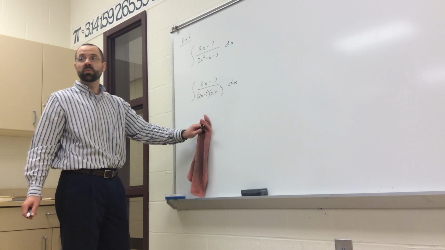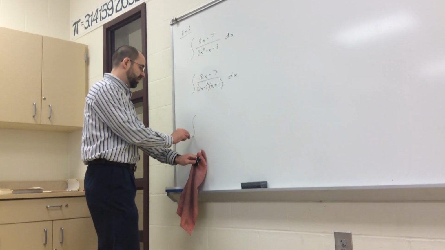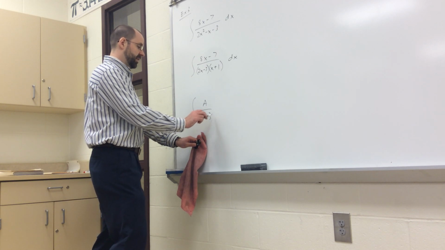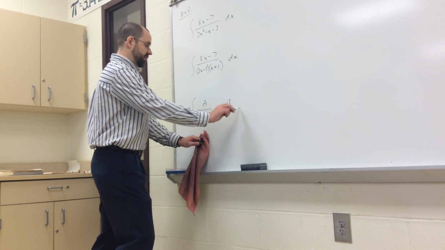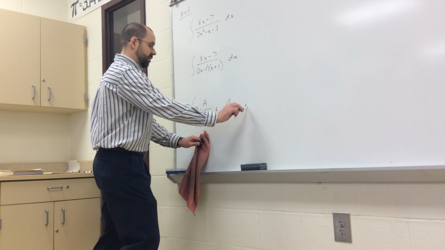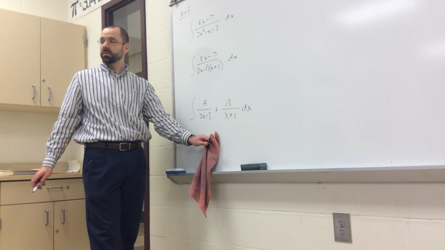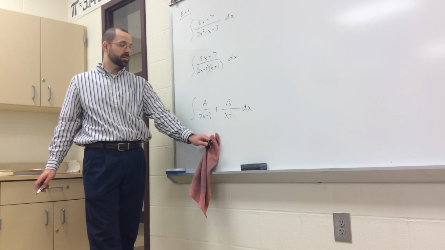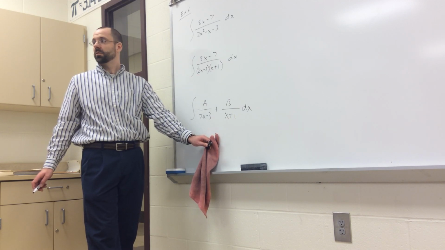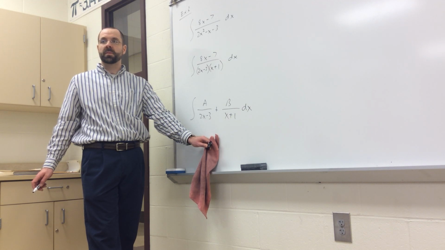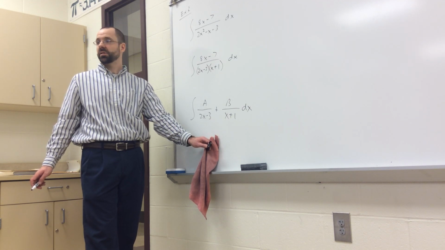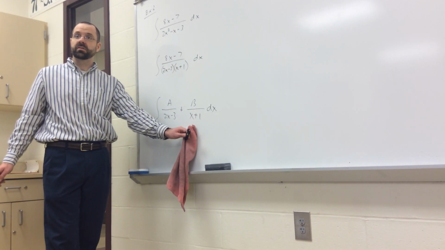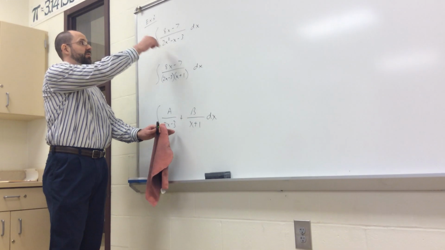So we're hoping that we can split this up into a fraction that's over 2x minus 3 plus another fraction that's over x plus 1. And the reason we're doing that is then this antiderivative by itself is a lot easier than this one.